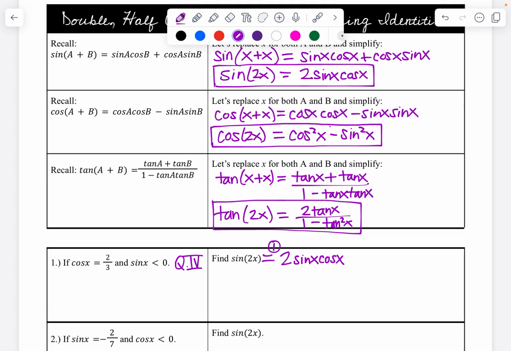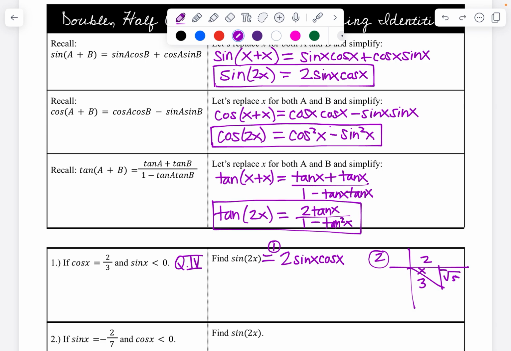So that's step 1, writing my formula. Step 2, I'm going to draw my little reference triangle over here in quadrant 4. So if the cosine is 2/3, here's angle x. All right, so Pythagorean theorem, 3 squared is 9 minus the leg squared, so 2 squared is 4. So 9 minus 4 is 5, and we'd have the square root. And we know it's going to be negative down there.